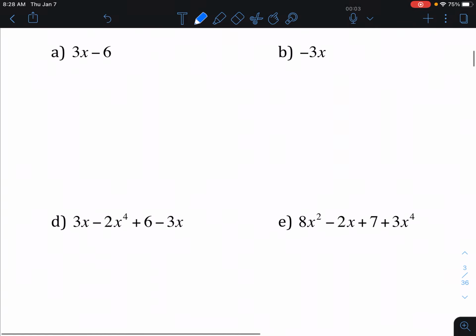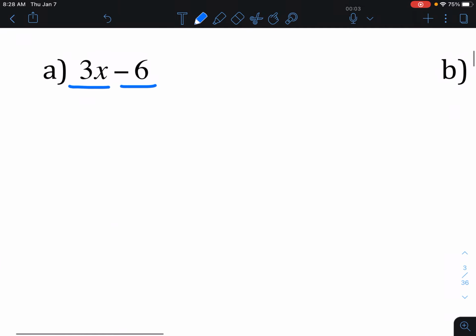Now this one in A is in standard form. It has a constant at the end. To be in standard form, constants must always be at the end because they have a degree of 0. So it's in standard form already, so I can go to naming it. It has 2 terms here, 1, 2. So it is a binomial.